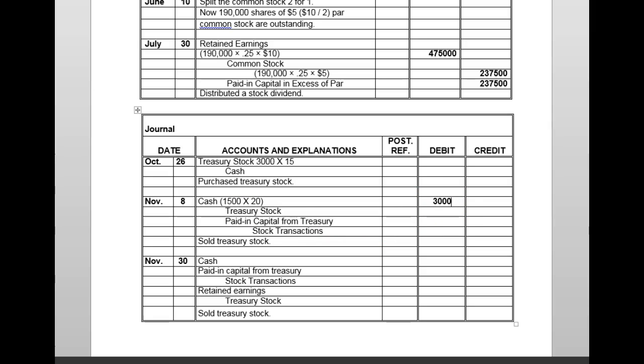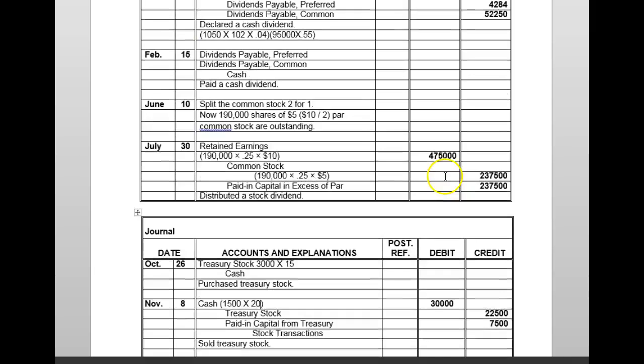That's a good thing. My treasury stock, though, is going to be debited only for the amount of the par. So now we're looking at 1,500 times 15, and that's $22,500. The additional amount of the sales goes into paid-in capital, because this $15 was par, and we sold it at $20.